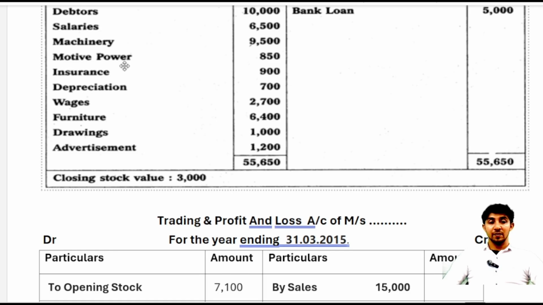Then after that, insurance, depreciation, wages we have considered. Furniture is our asset. Drawings must be deducted from capital. Advertisement is an expense which is not related to goods and factory, so we do not consider advertisement.